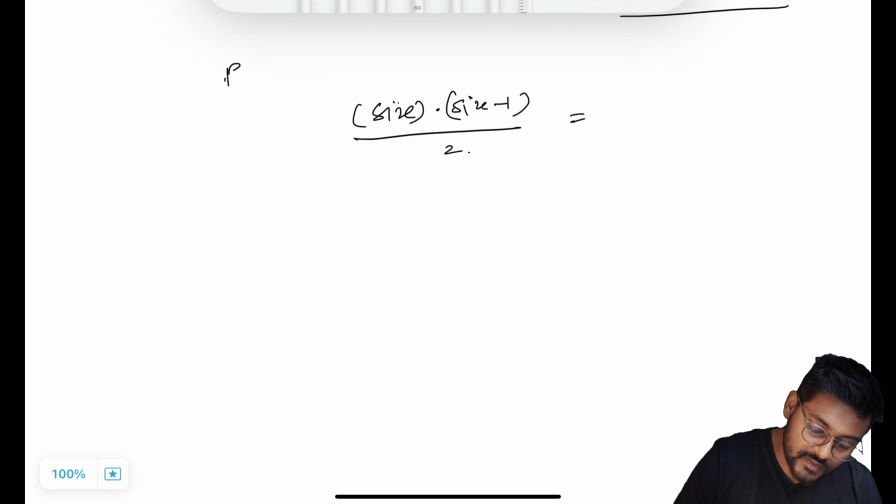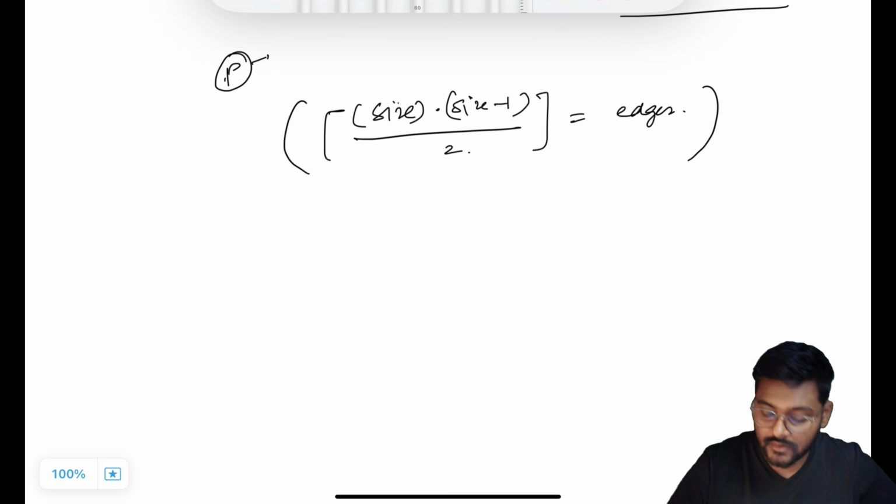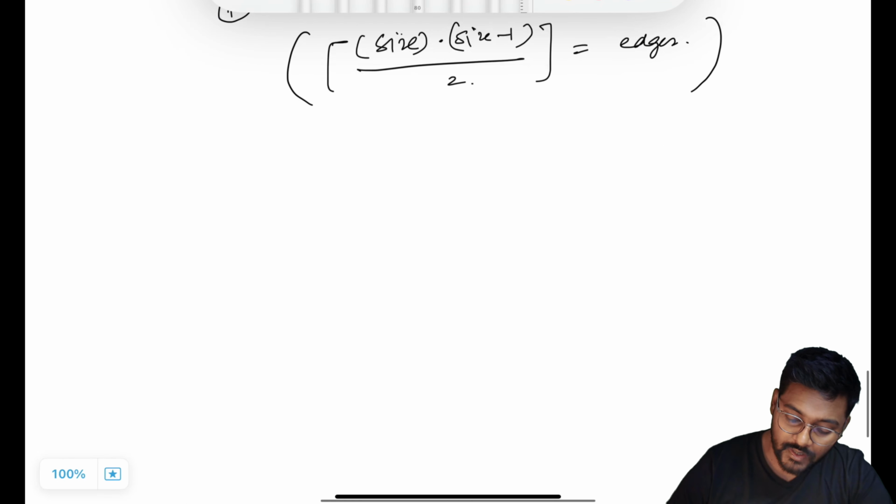Let's say the parent is P for this connected component. So P should have these many edges given in the starting input. Let me show you how.